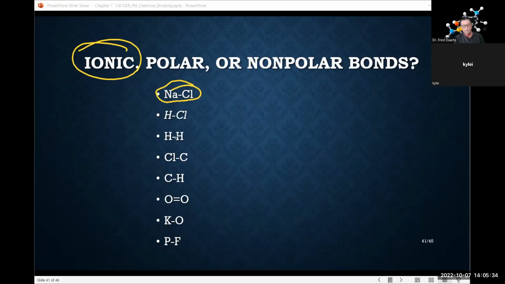HCl, no, they're both nonmetals, that's covalent. HH, covalent. Chlorine and carbon, covalent. Carbon and hydrogen, covalent. Oxygen, oxygen, covalent. Potassium and oxygen, definitely ionic. And then phosphorus and fluoride, covalent. Okay, so we only have 2 examples of ionic compounds, which means all the other ones are covalent.